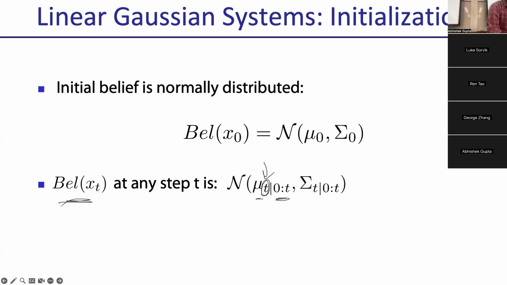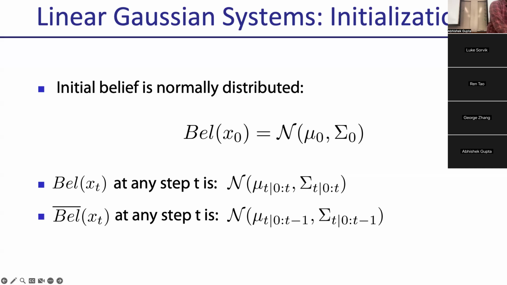So whenever you have mu t given 0 to t, you're trying to figure out mu at time step t with evidence from 0 to t, and the variance at time step t with evidence from 0 to t. And belief bar is the one without incorporating the measurement at the last step.